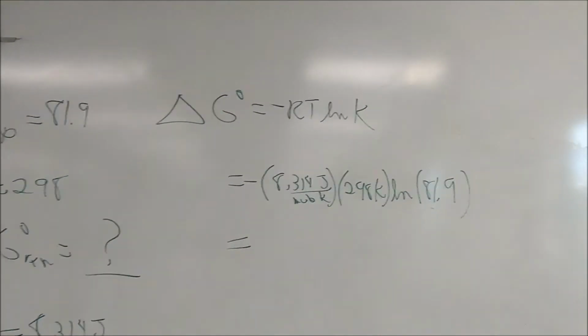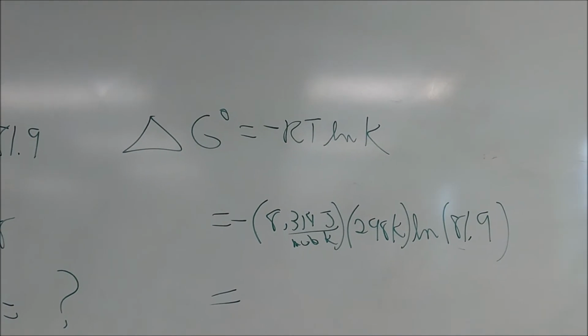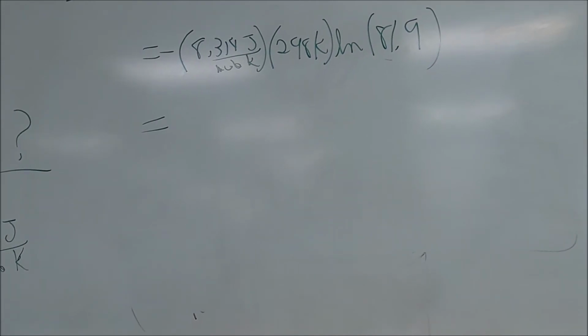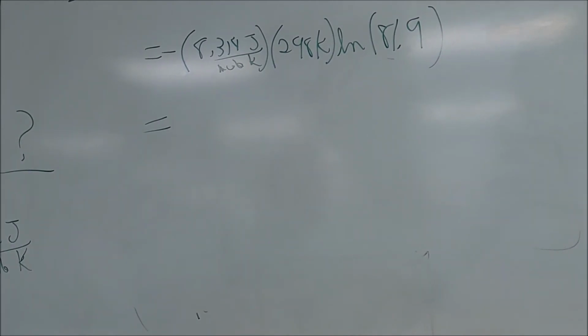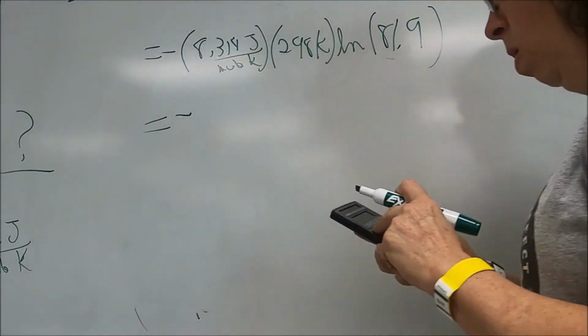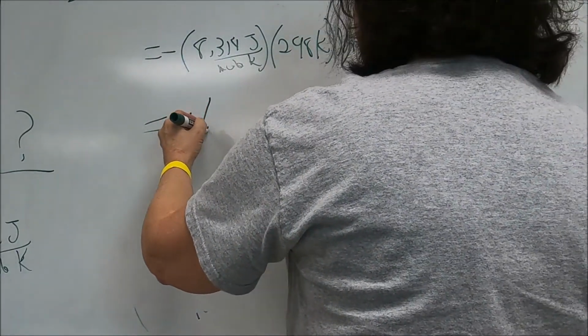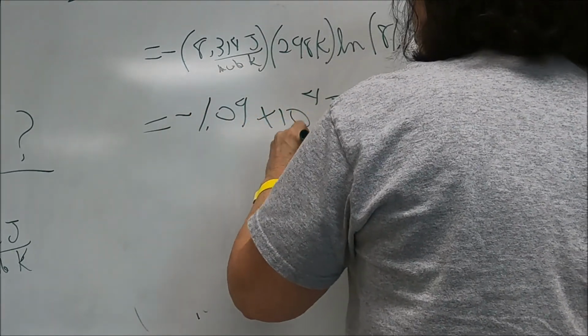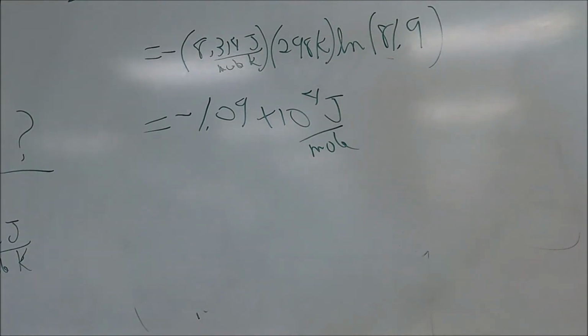Now, if I use my calculator, 81.9 natural log times 298 times 8.314, and I take the negative of it, I get 1.09 times 10 to the 4 joules per mole, because notice the Kelvin and the Kelvin divides out.